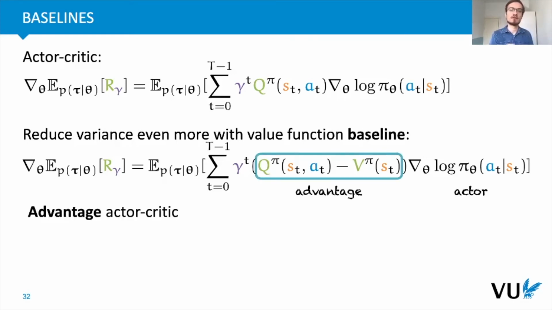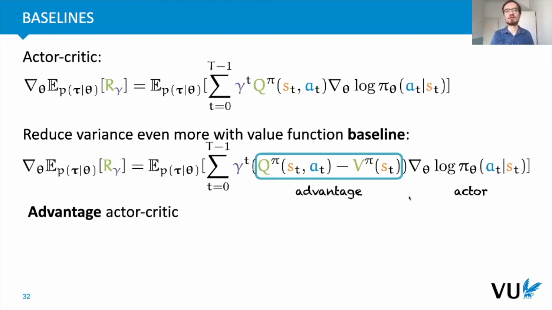And so what is this thing called? The difference between the critic and this baseline is called the advantage. And this is still called the actor. So we usually call this method the advantage Actor-Critic. And it's actually right now one of the most popular reinforcement learning algorithms around.